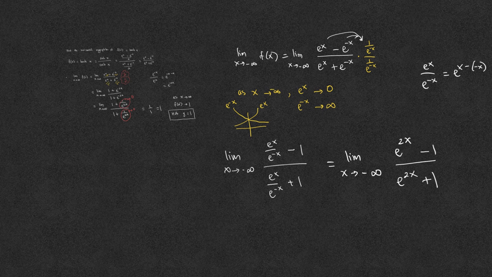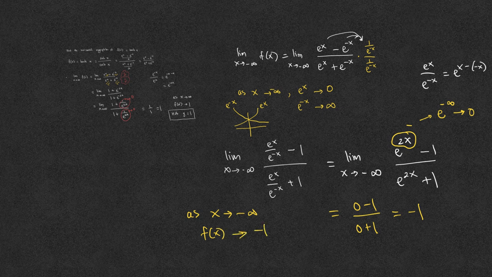As x goes to negative infinity, the exponent is a negative number, and this negative number is very large. E raised to a very large negative number is close to 0. And so the numerator is 0 minus 1, and the denominator is 0 plus 1, giving us negative 1. As x goes to negative infinity, the function approaches negative 1. So we have another horizontal asymptote, y equals negative 1.